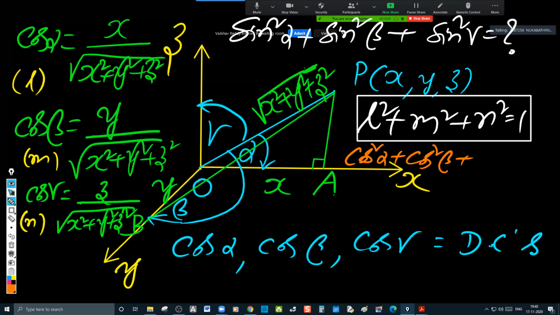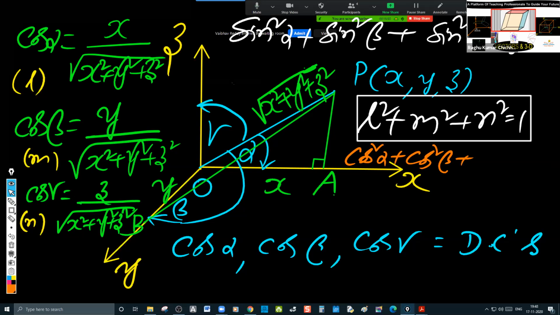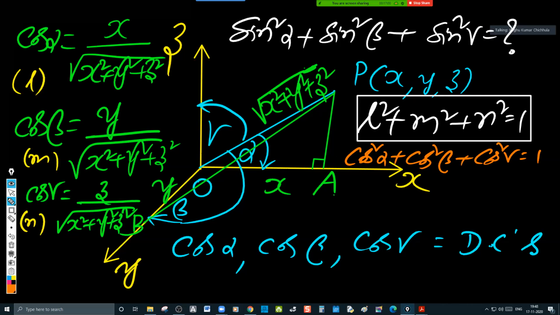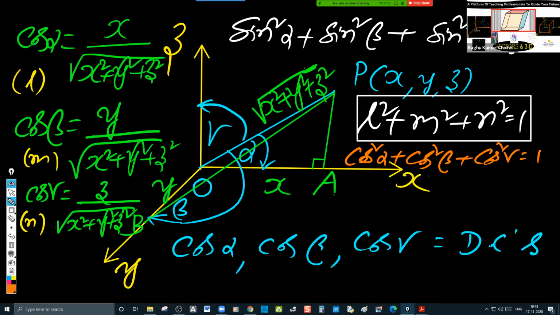Yeah, that is 1. Is equal to 1. Now you convert this. Cos square alpha is 1 minus sine square alpha, 1 minus sine square beta, 1 minus sine square gamma. Then what happens?